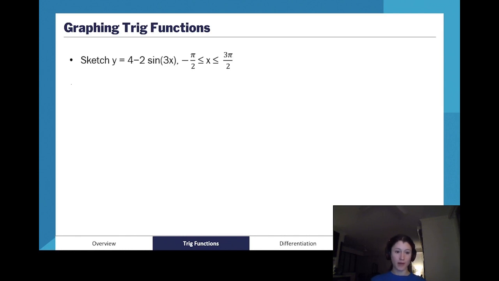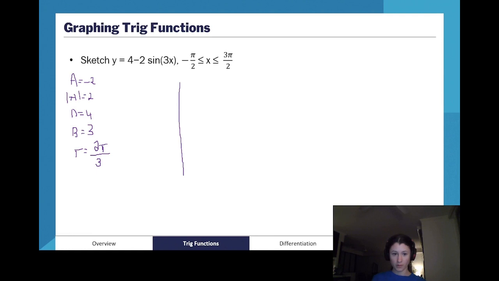We know that our a value is negative 2, so our amplitude is 2. We know that our d value is 4, and we know that our b value is 3, meaning that our period is going to be 2 pi over 3. Alright? So, let's quickly sketch this out.